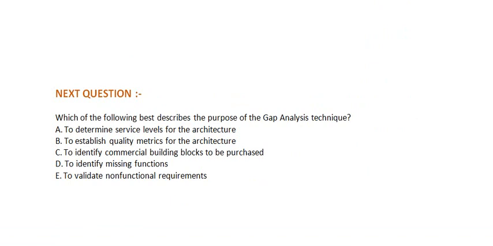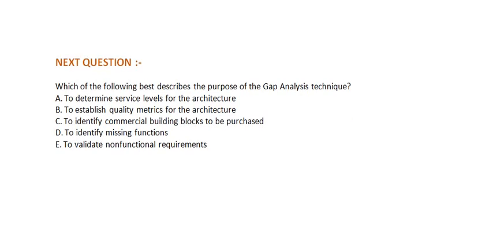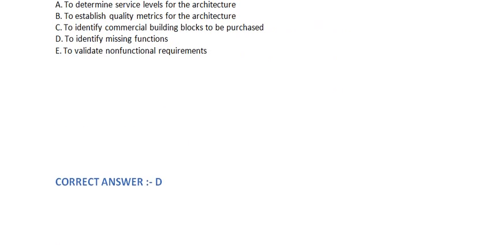Option C, to identify commercial building blocks to be purchased. Option D, to identify missing functions. And option E, to validate non-functional requirements. The correct answer is option D.